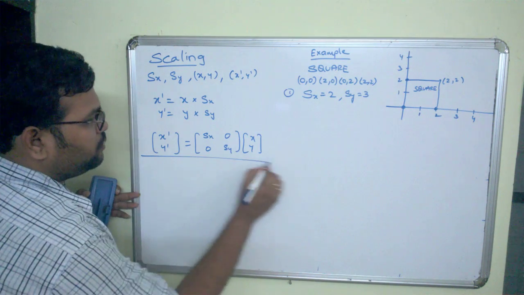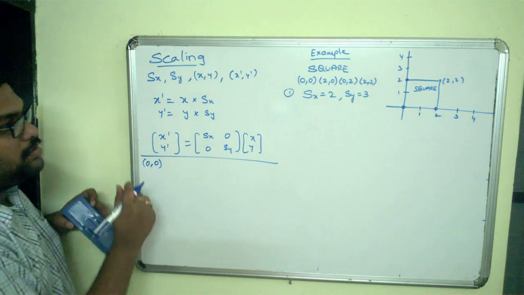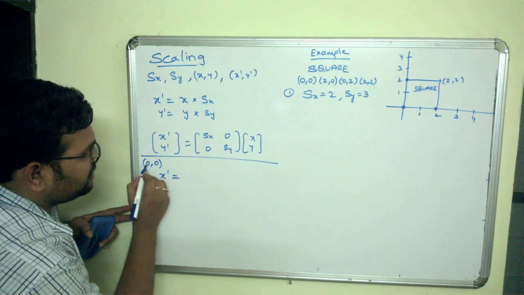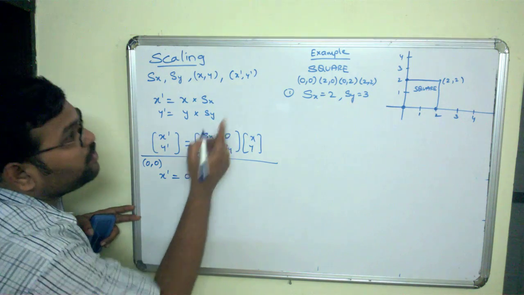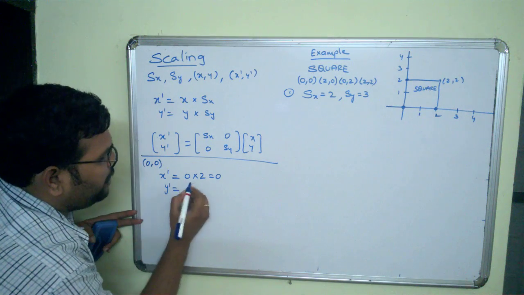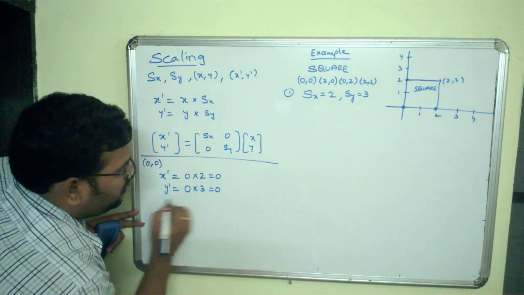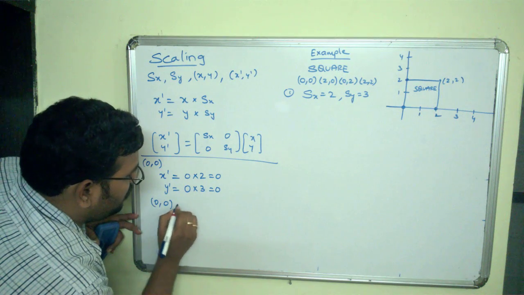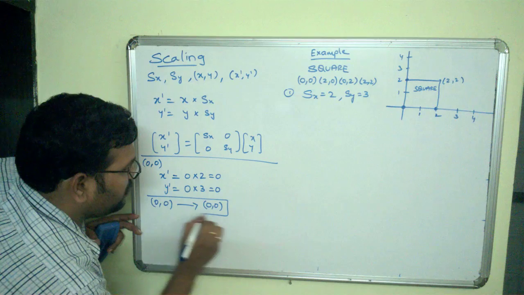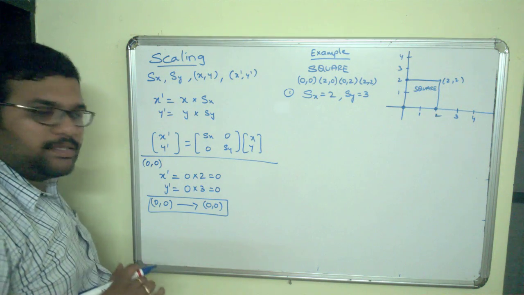Now let us consider the first point 0 comma 0. So x dash is equal to x into Sx. So 0 into Sx, that is 0. Y dash is equal to y into Sy, that is equal to 0. So 0 comma 0 remains the same even after scaling with 2 and 3 units with respect to x-axis and y-axis.